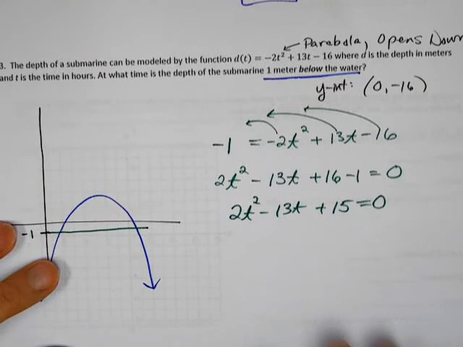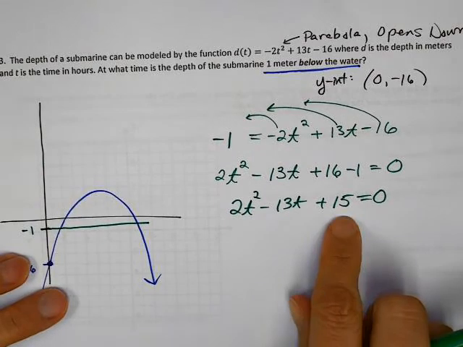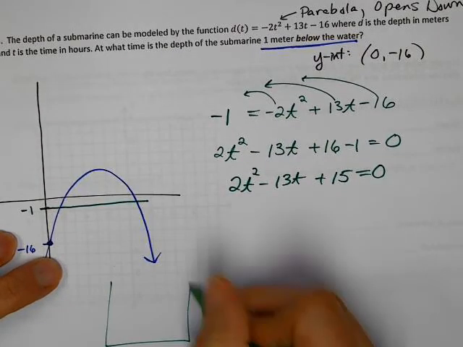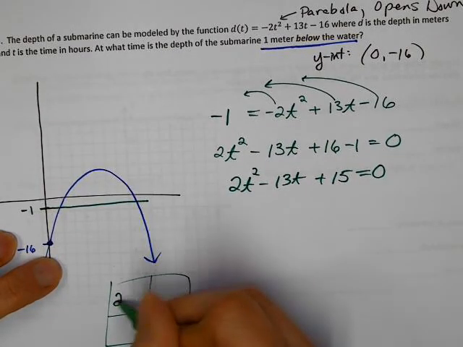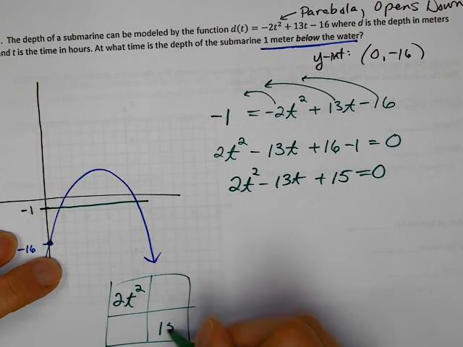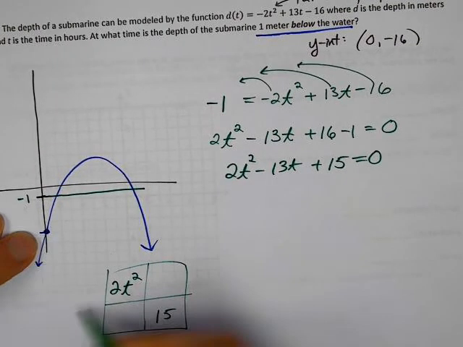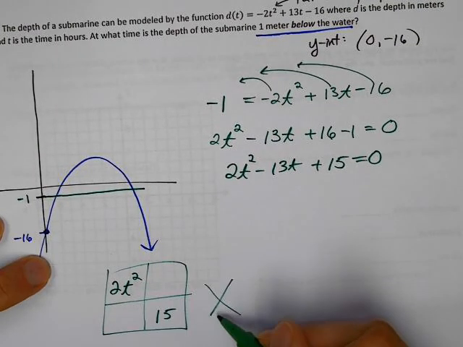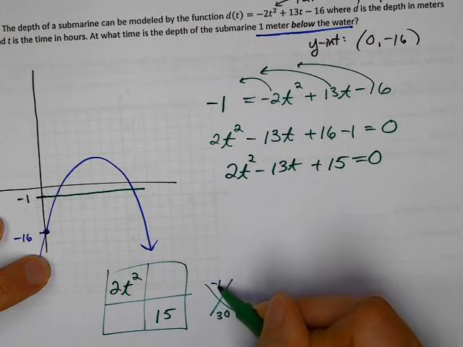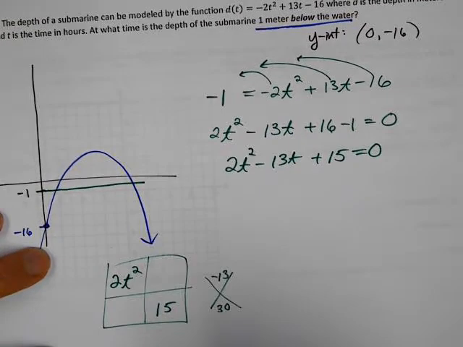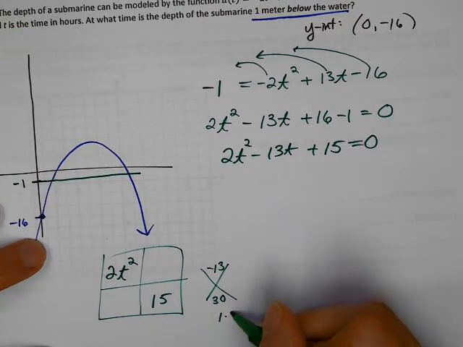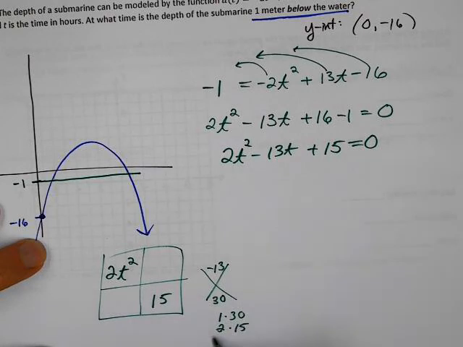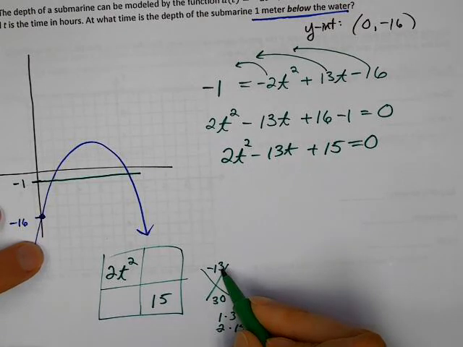Solve by factoring. No GCF can come out, so let's get straight to the boxes. 2t squared, 15. Let's see, we're looking at a 30 with a negative 13. Is it 1 times 30 or 2 times 15? Ooh, 2 times 15 probably would work.